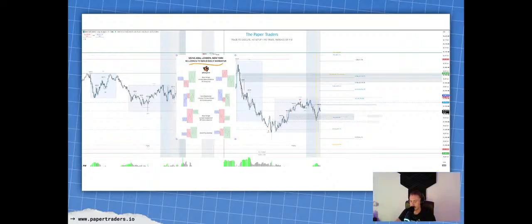So if during the New York session price sweeps the top of the London session, and we don't see any displacement above, then we will get the continuation into the New York session, targeting the 29,474.75 liquidity, which is right around the 12-hour level at 29,448.25. Right. So that's what we will watch.